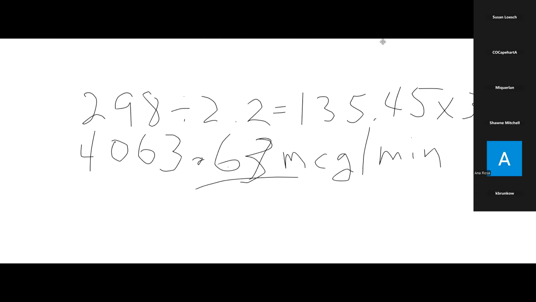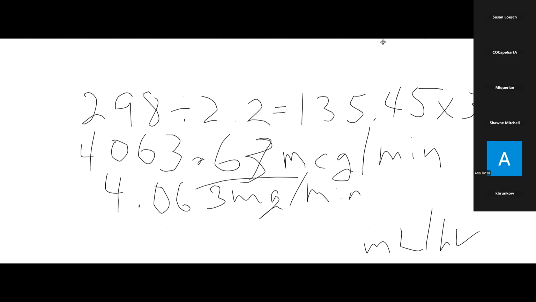Yes, we're good there? Okay. So now because you have micrograms per minute and we need to get to mLs per hour, and what we have on hand is in milligrams, we're going to convert this to milligrams first. So you're going to divide it by 1,000. Everything should still be in your calculator. And that should give you 4.063 milligrams per minute.